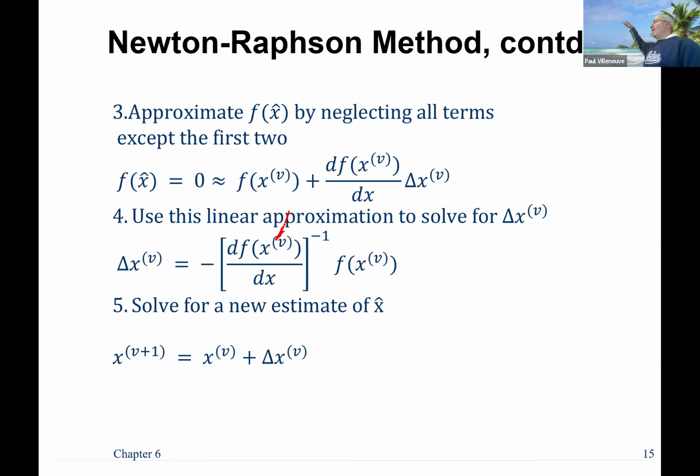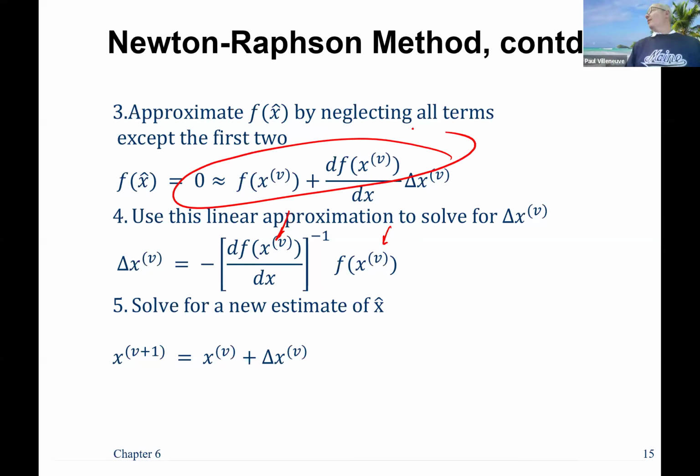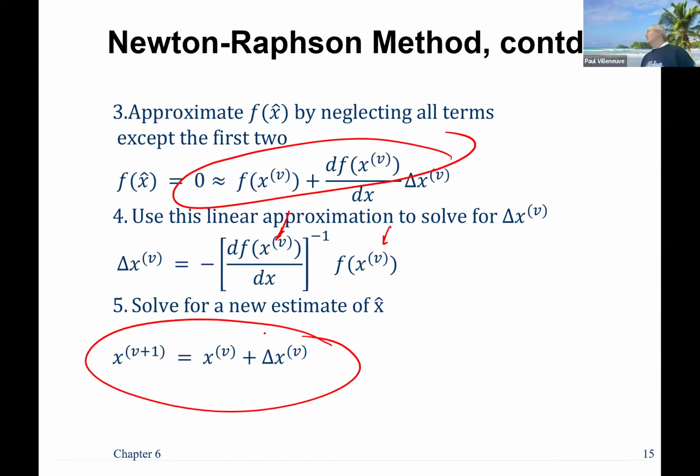So I'm evaluating the derivative of f of x at that value. I multiply by my f of x at that value, and then I end up with a number. I take the negative of it because I set this equation equal to 0 and I'm solving for that. Then I update for my next iteration result using that delta x value.